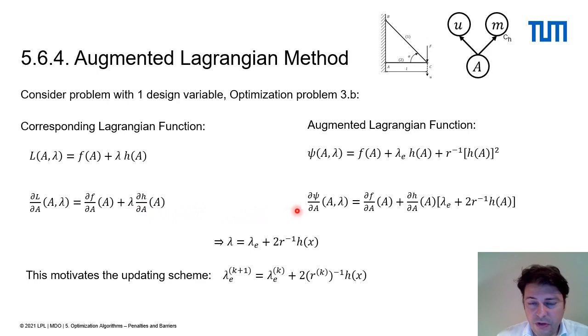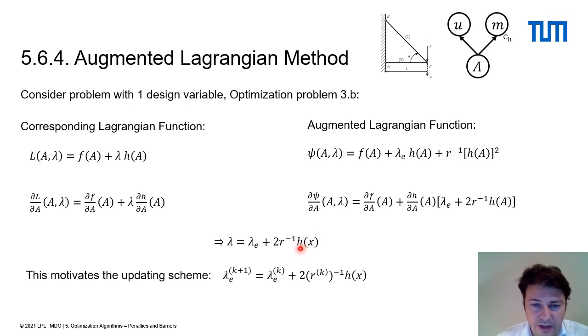And if you apply them also to the augmented Lagrangian function, you can take this term and set it equal to the optimality condition without penalty term, and find out that lambda should be equal to lambda estimated plus 2 times r to the power of -1 times h of x, the equality constraint function.